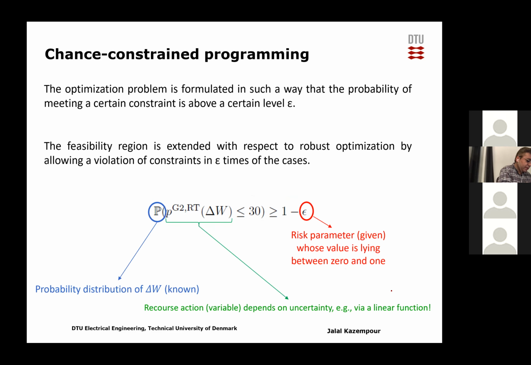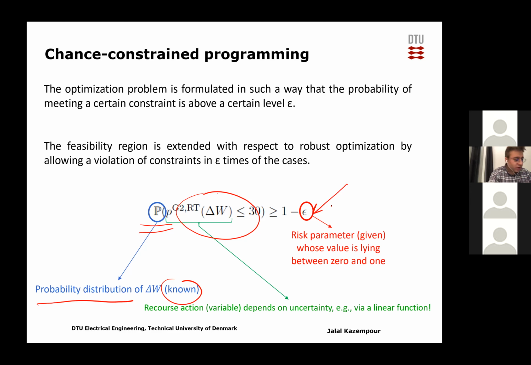P is the probability distribution of our underlying uncertainty. Here it's delta omega, which is the wind forecast error. We assume that this probability distribution is given. I'll talk about this assumption later. This is our operational constraint. And epsilon, which you can call the risk parameter if you like, is a given value lying between 0 and 1.